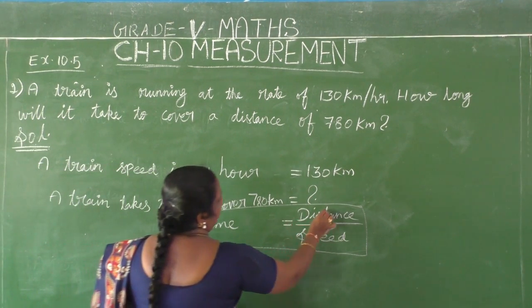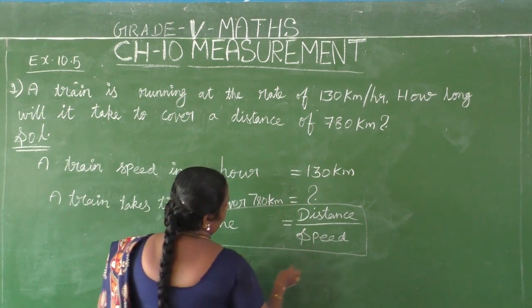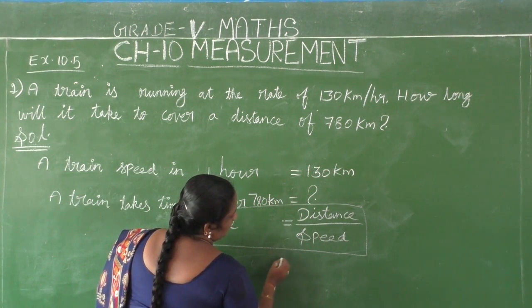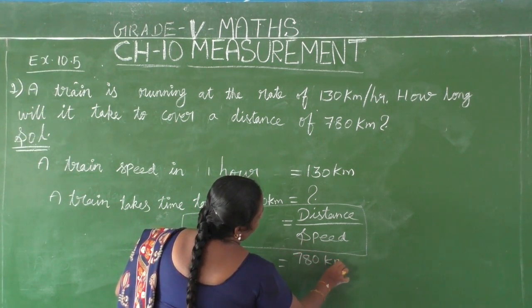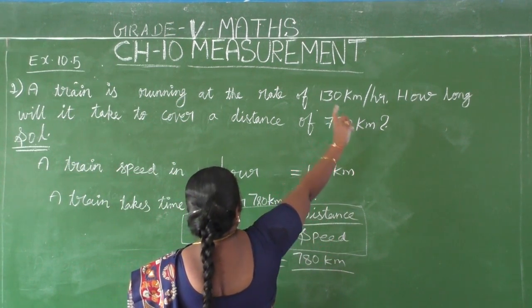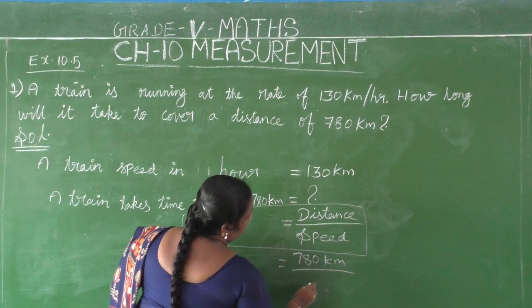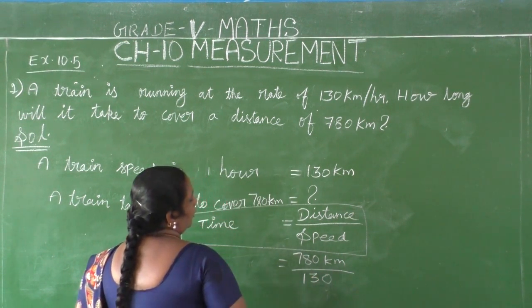Now they gave the distance and speed here. What is the distance they gave? 780 kilometer. Then speed also they gave. What is the speed? 130 kilometer per hour.